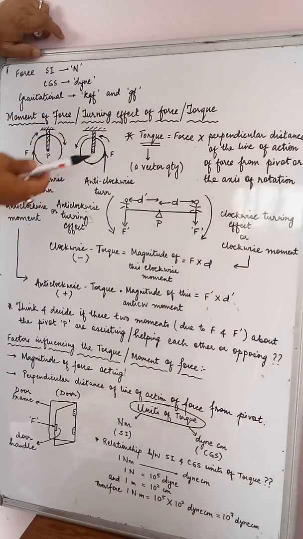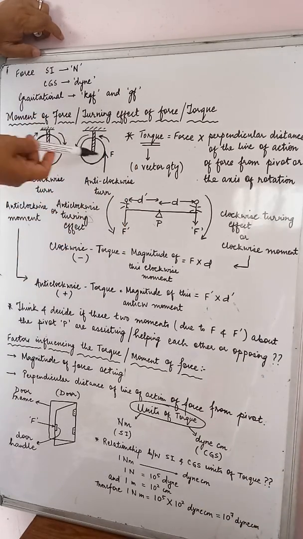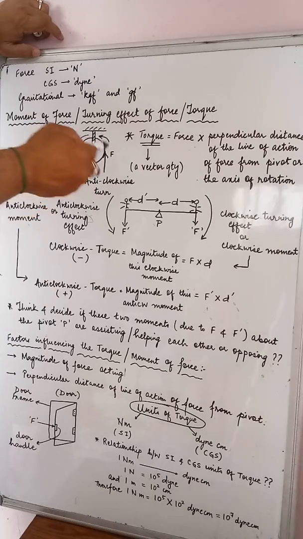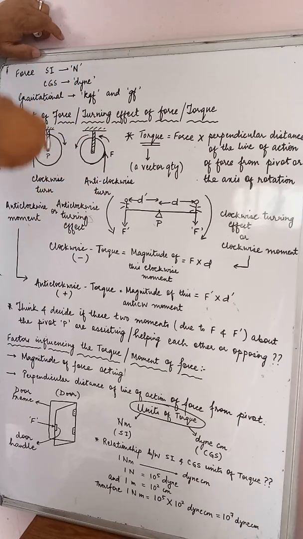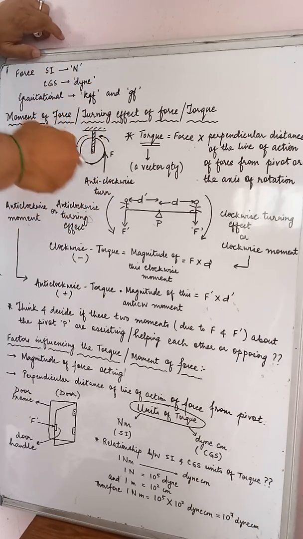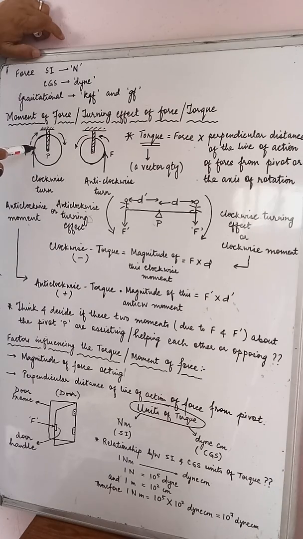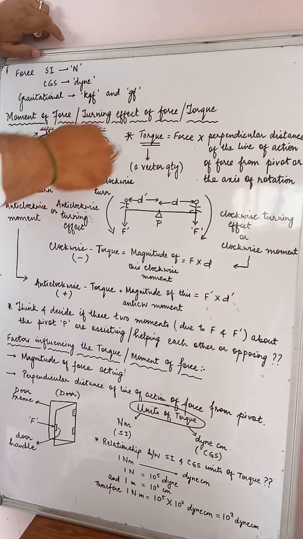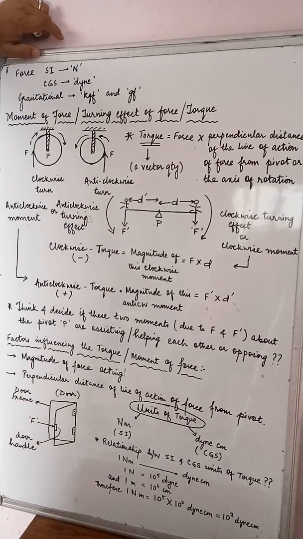So now, logically, if you visualize, this force will also create a turning effect, but this turning effect will be in a direction which is opposite to the direction that was prevalent here. Here you had a direction like this, which was clockwise. Here you will have an opposite direction, which is the anti-clockwise turning effect.